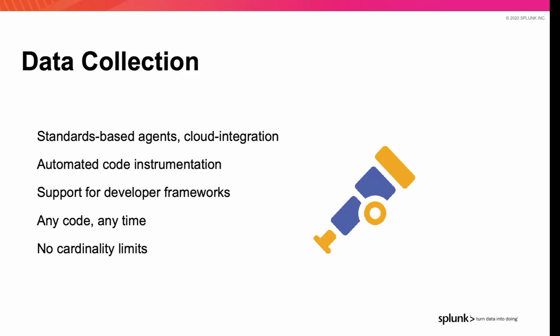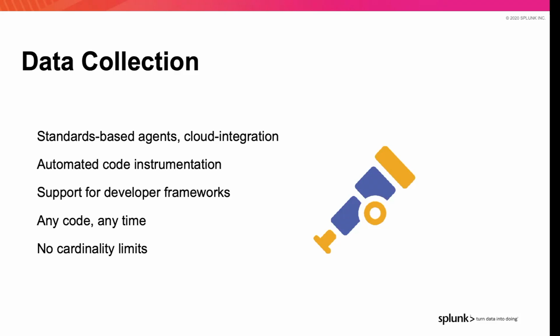And again, open source wins here because with an active community, lots of people contribute and lots of people build these things. So it's no longer the responsibility of a small group to build this. You can actually have experts building a Java auto instrumentation or a .NET auto instrumentation and then bring them into play here. We also think there should be support for developer frameworks, how people make use of this. And any code at any time should be accessible to this.